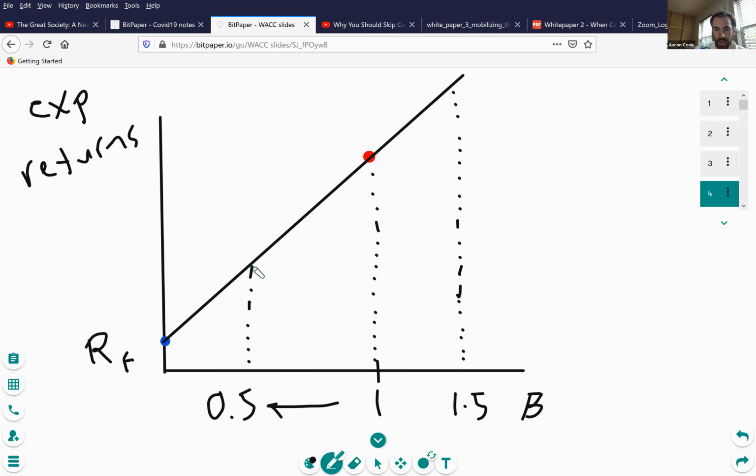The exaggerated way would be if it's greater than 1, if it moves in the same direction as the market. In a scaled down fashion, that's a beta less than 1, and on average that's going to be a lower risk asset. Something like the risk-free rate is going to have a beta of 0 because it's not related at all to the market. It's independent of the market.